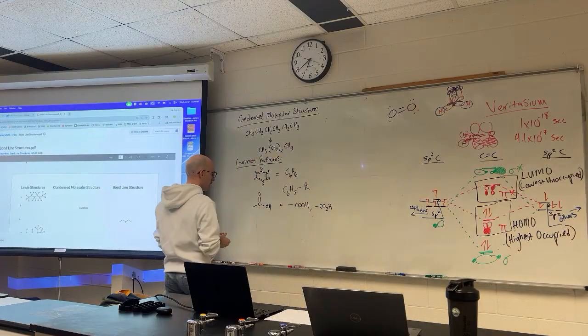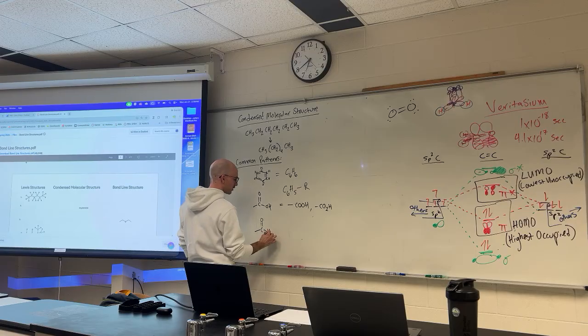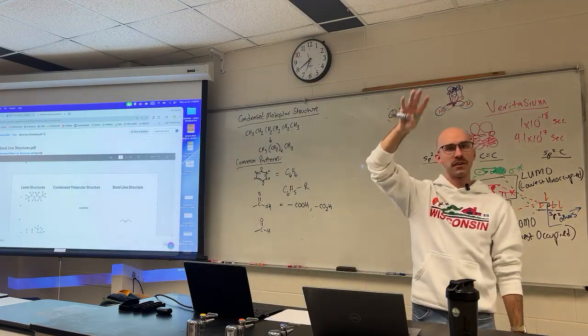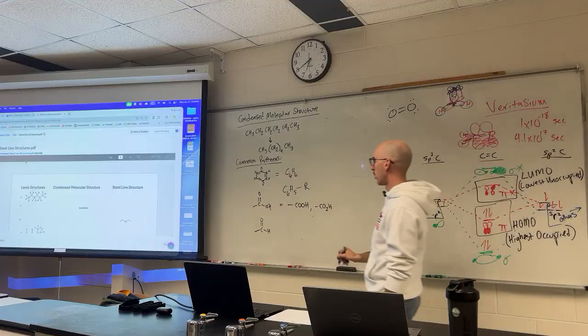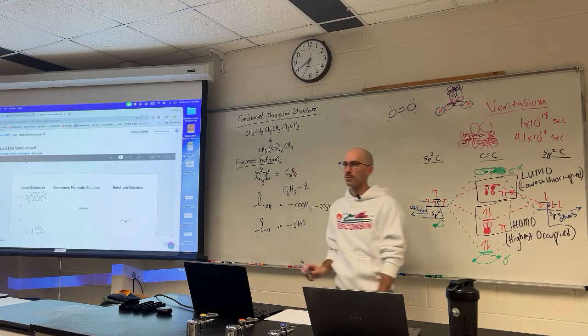Some other similar ones. When this CO double bond is bonded directly to a hydrogen on the carbon, CO double bond with an H coming off, we abbreviate this as CHO.